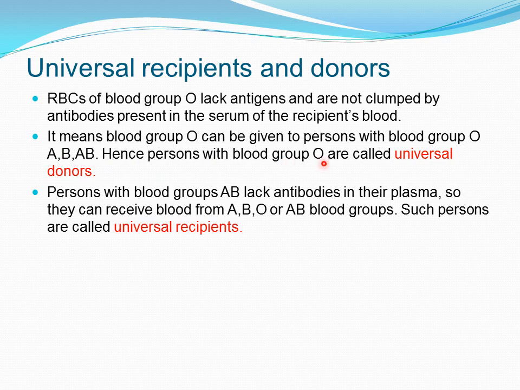Hence the persons with blood group O are called universal donors. And the same thing, the persons with blood group AB lack antibodies in their plasma, so they can receive blood from A, B, O and AB blood groups. Such persons are called universal recipients.